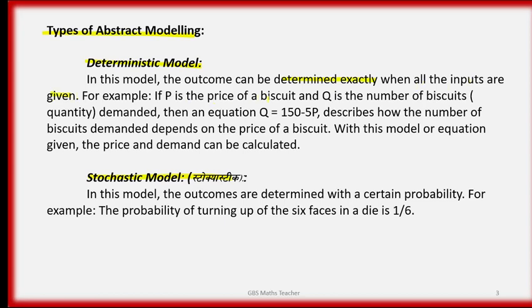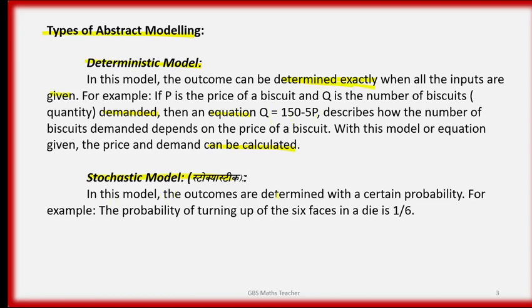For example, if P is the price of a biscuit and Q is the number of biscuits, that is the quantity demanded, then an equation Q equals 150 minus 5P will describe how the number of biscuits demanded depends on the price of a biscuit. With this model equation, given the price, the demand can be calculated. So here it is exactly determined, and we can find the price and the quantity demanded.